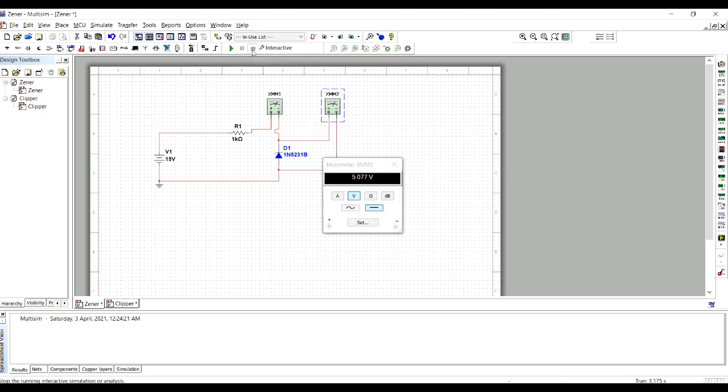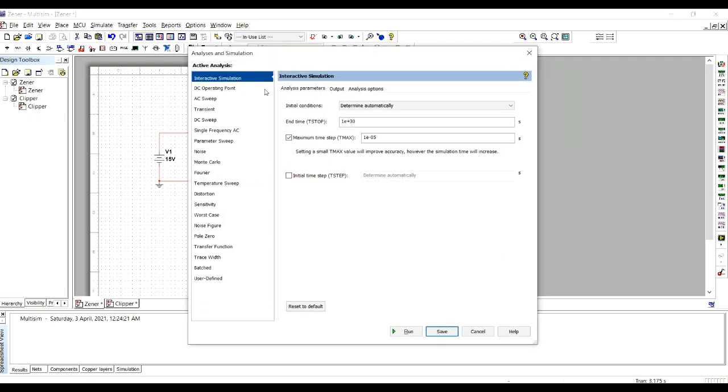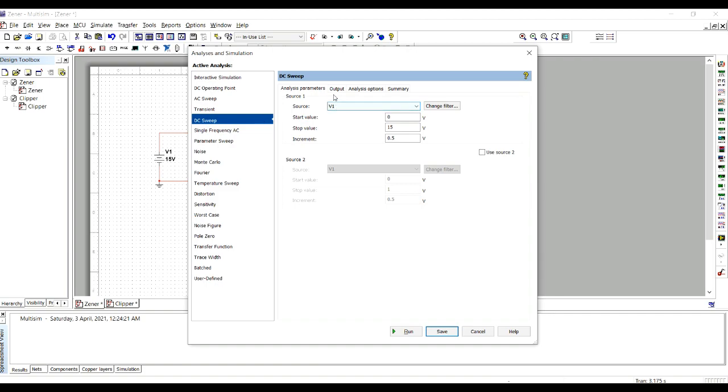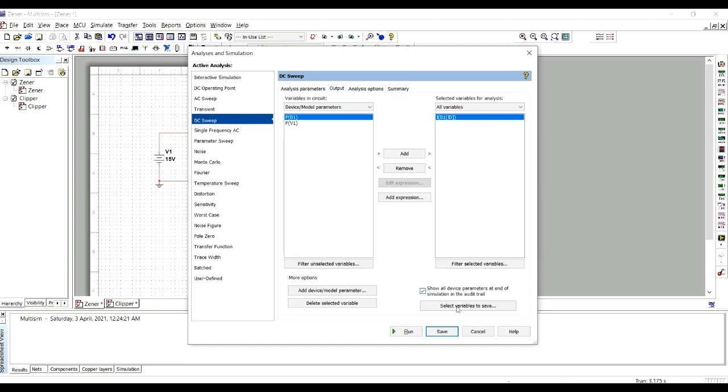Next, to obtain the graph of IZ versus VD, which is the reverse current versus the voltage across the diode, we have to go to the DC sweep and the output.